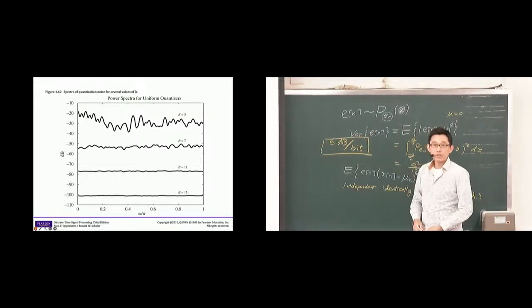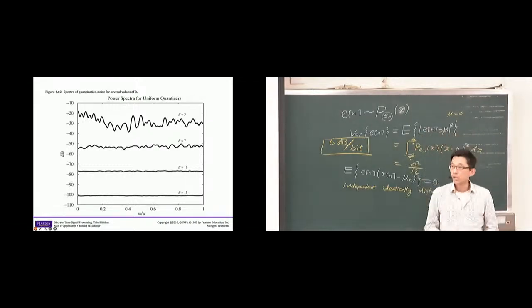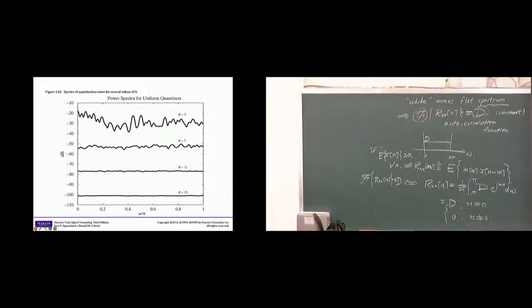So the recommendation is that when you can afford it, the more the merrier. You want to quantize your signal with as many bits as possible. If you can afford 24, don't satisfy yourself with 16. Ask for 24. That's exactly what's happening in the audio industry: a 24-bit sound card is so much better than 16 bits.